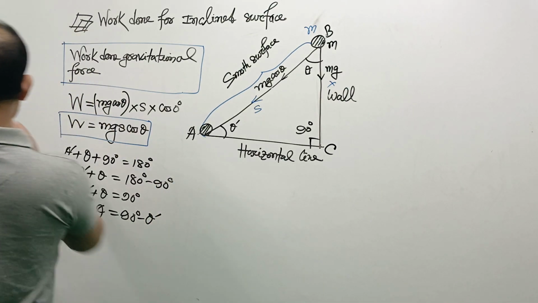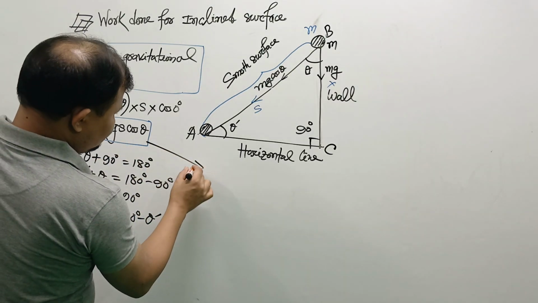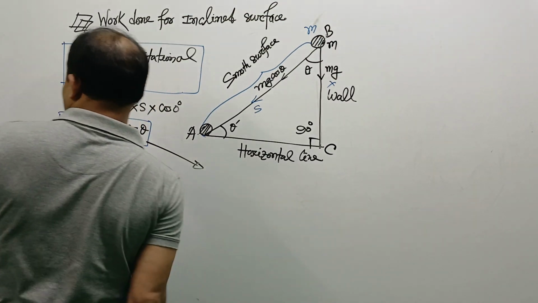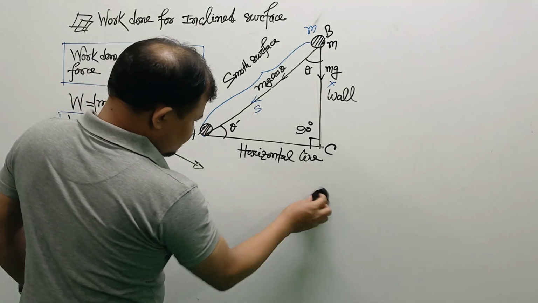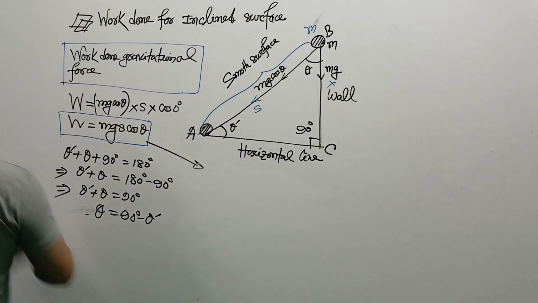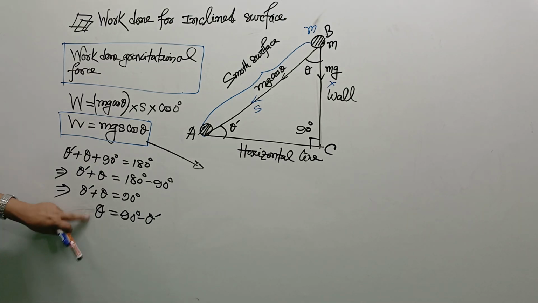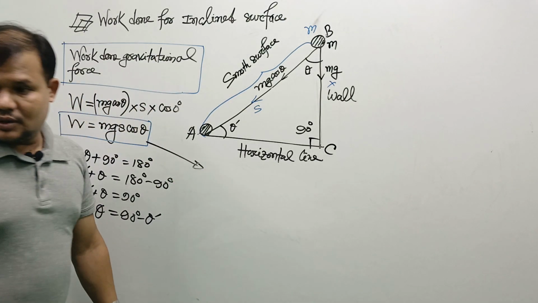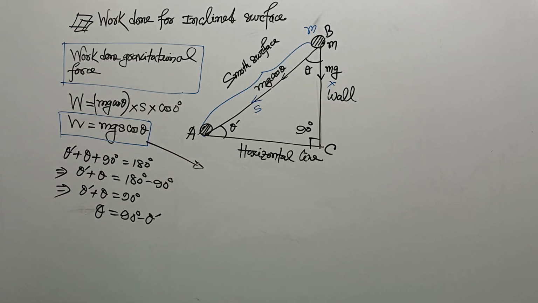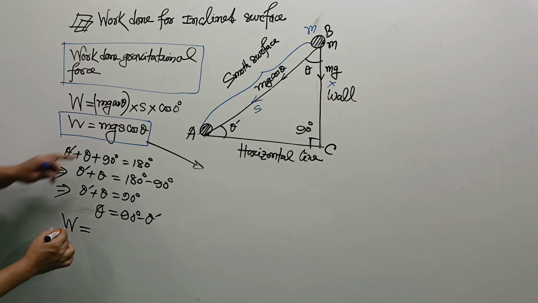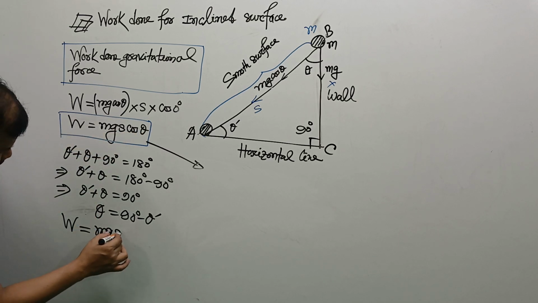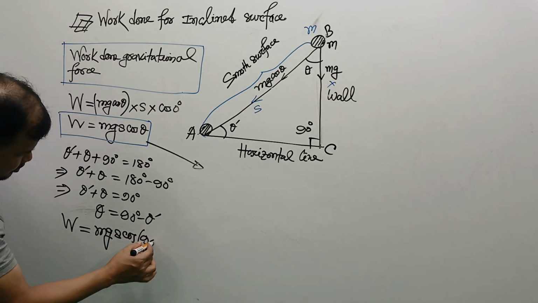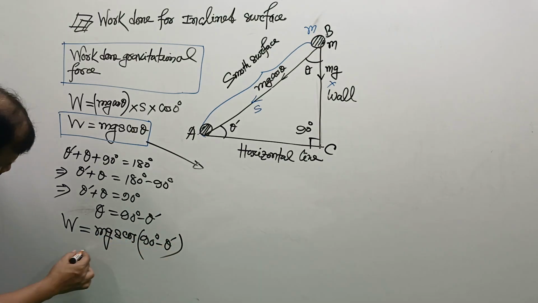If we put the value in this equation, then we get something special. We get another equation if we put this value. My dear students, now we put the value of theta in this equation: mg S cos (90 degrees minus theta prime).